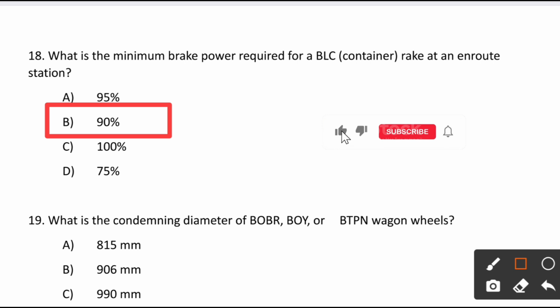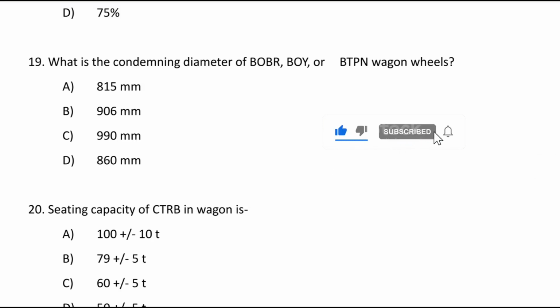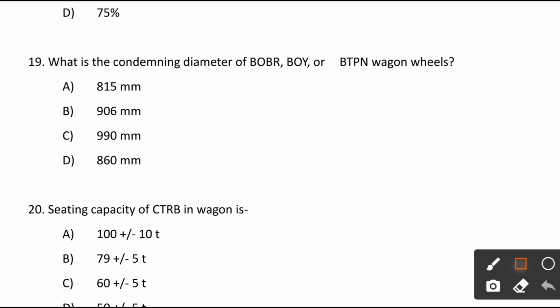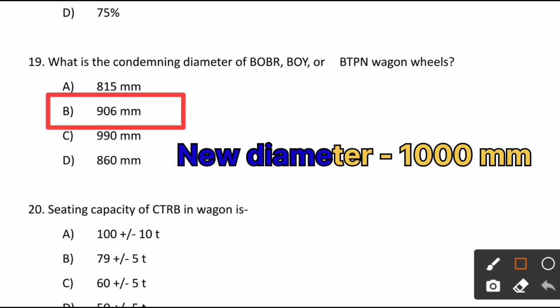What is the condemning diameter of BOBR, BOY or BTPN wagon wheels? A. 815 mm, B. 906 mm, C. 990 mm, D. 860 mm. In this question, the correct answer is B. 906 mm. New wheel diameter is 1000 mm.